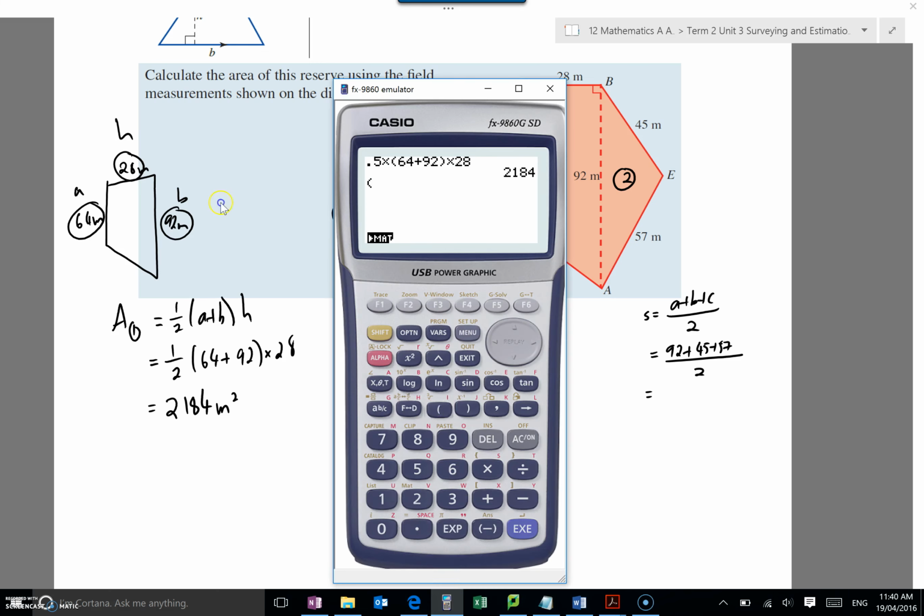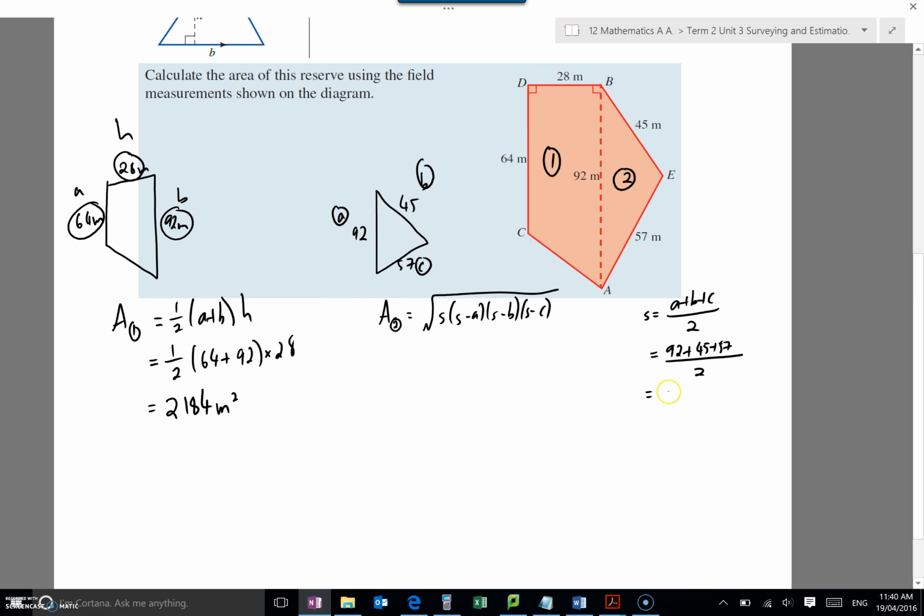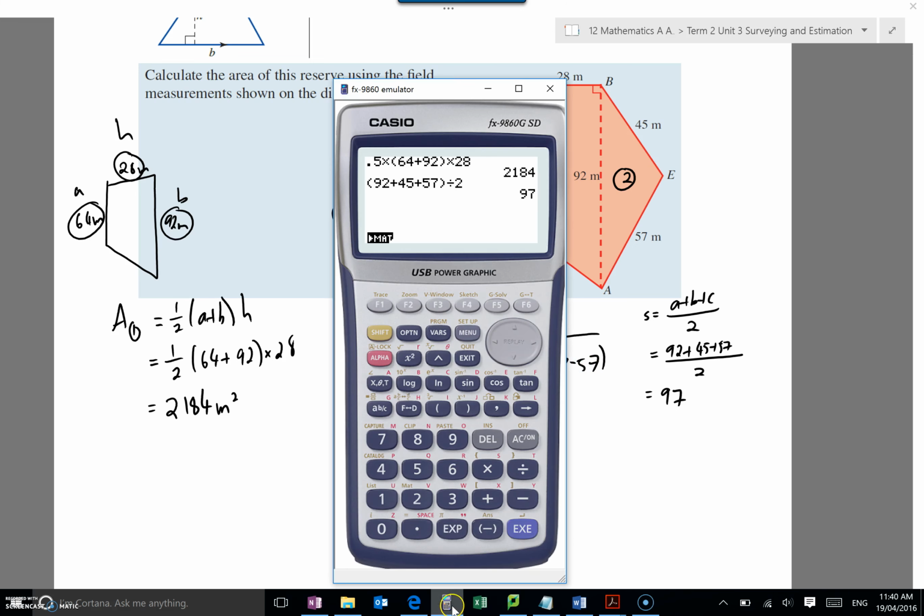We're going to be spending a lot of time on our calculators, so you better make sure that you have it. 97 for S, and then I can do my big Heron's formula: 97 minus 92, 97 minus 45, 97 minus 57. Off to the calculator.